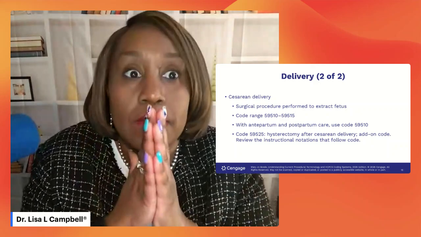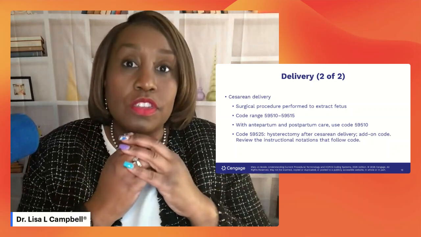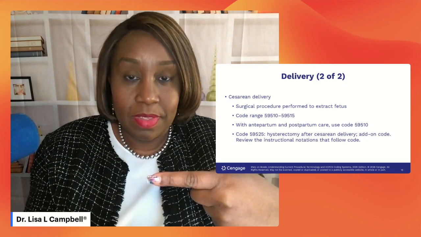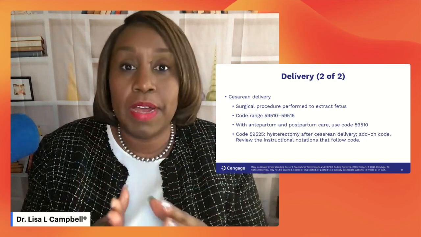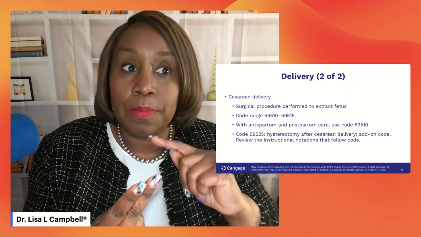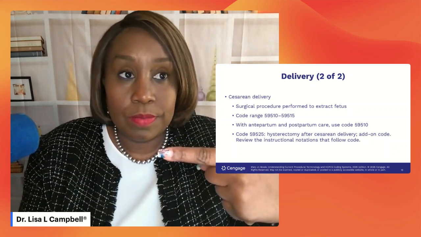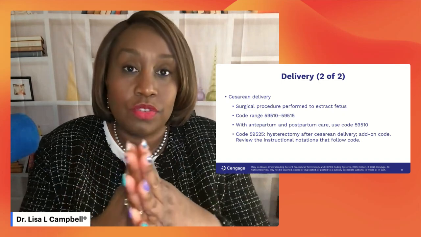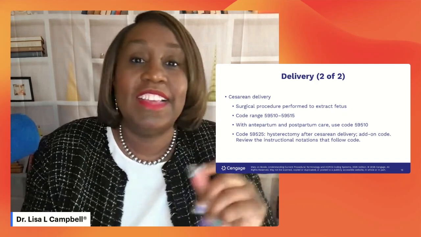Now, wait. That's so much stuff. So I like to group them into parts. You have vaginal delivery only, you have cesarean delivery only. And for each of those, let's just call them buckets, you have codes that include the three areas: the antepartum care, the delivery, and then postpartum care. So vaginal only, cesarean. Then the other two are vaginal birth after cesarean, which they call a VBAC.